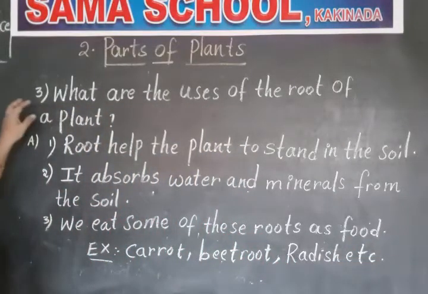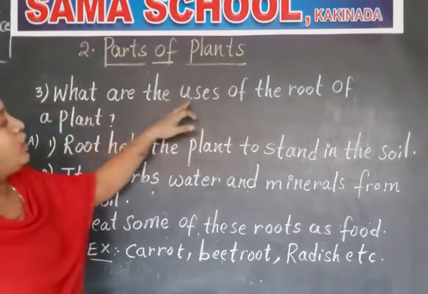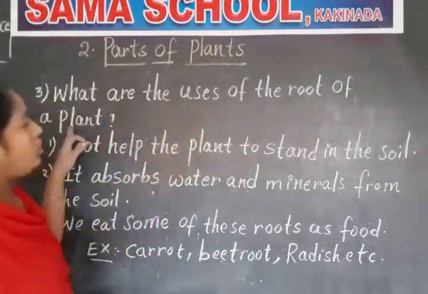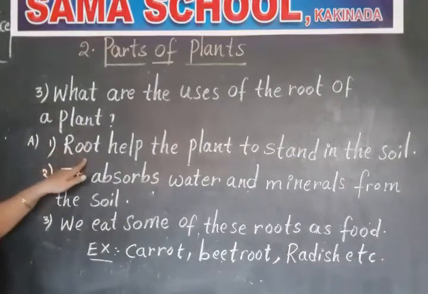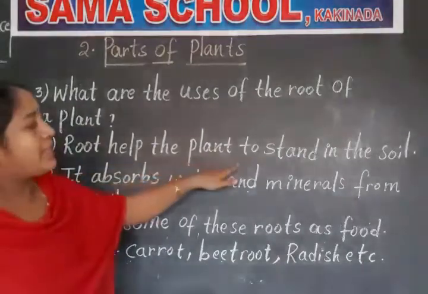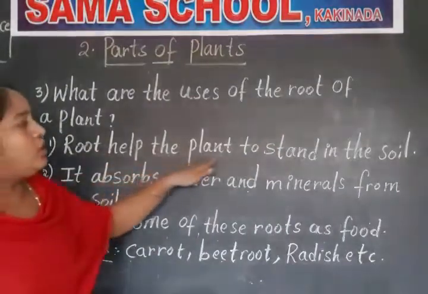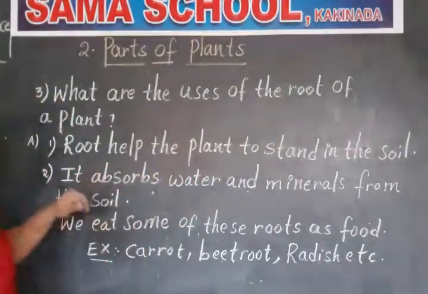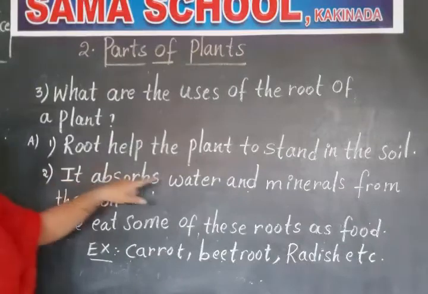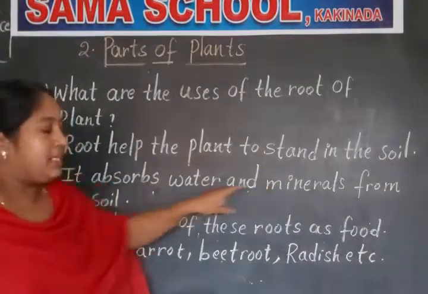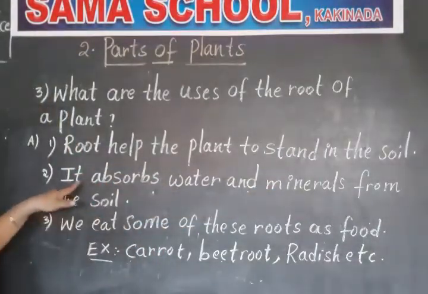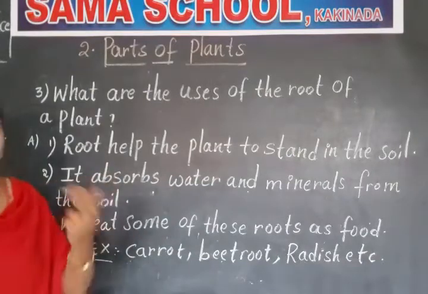See clearly. So observe clearly. What are the uses of the root of a plant? Root helps the plant to stand in the soil. Next, it absorbs water and minerals from the soil. Absorbs means to take in.